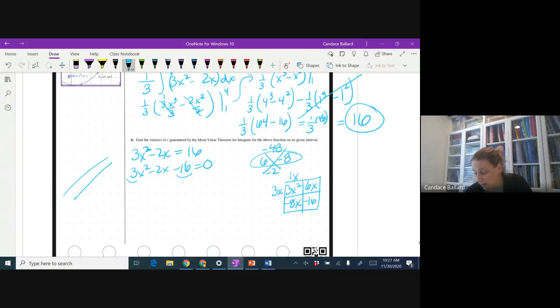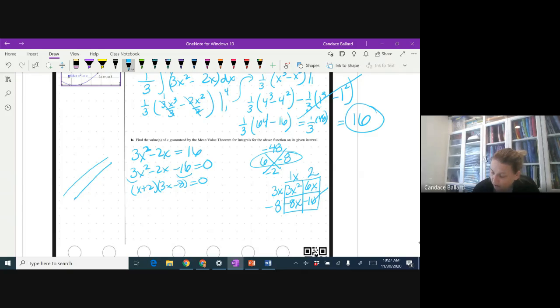Then I ask myself, how many times does 3x divide 6x? That's twice. How many times does 1x divide negative 8x? That's negative 8. And then I check it. Negative 8 times 2 is negative 16. So I know my factors are x plus 2 times 3x minus 8 equals 0.